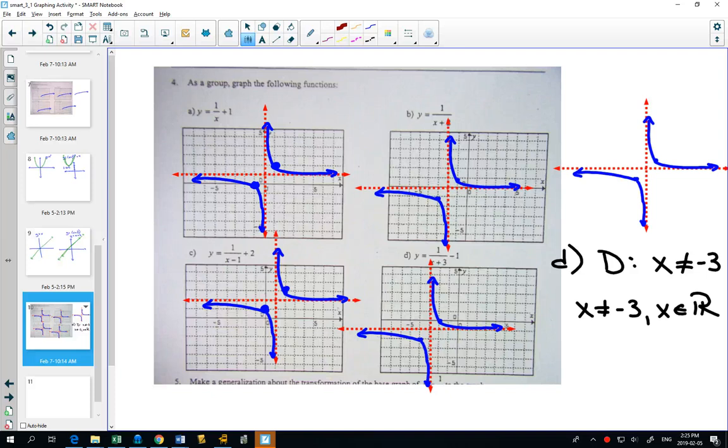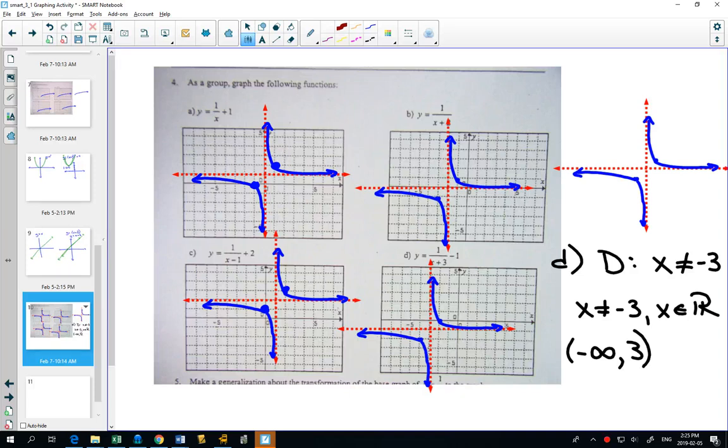But there are different forms of the domain. Do you remember doing interval notation for domain and range? So if you would do interval notation for this one, interval notation goes from left to right. What's the farthest to the left? Well, it starts at negative infinity, and it goes until it gets to -3, but -3 is not included.